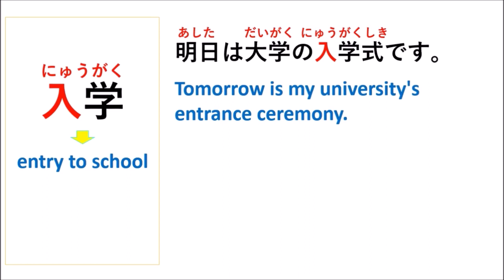So when you want to talk about the university, you can say 大学の入学式はいつですか? Which means when is the university entrance ceremony? Or you can say 高校の入学式はいつですか? Which means when is the high school entrance ceremony?